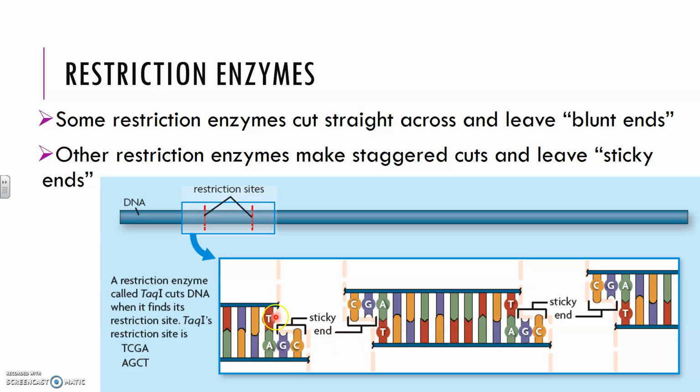It attaches to the DNA and cuts in this zigzag pattern to create its sticky ends. This actually has two sites, so it cuts in two places, meaning you have a longer piece of DNA here, your short little piece right here, and then another really long piece off to the end here.